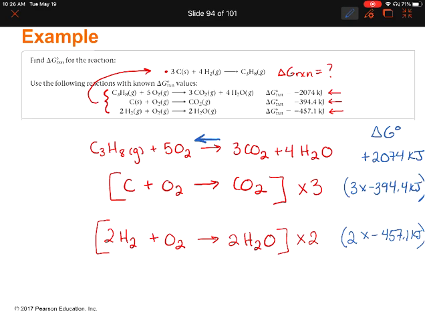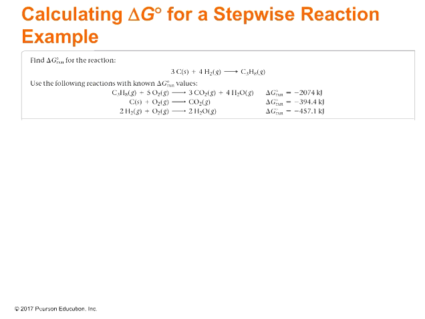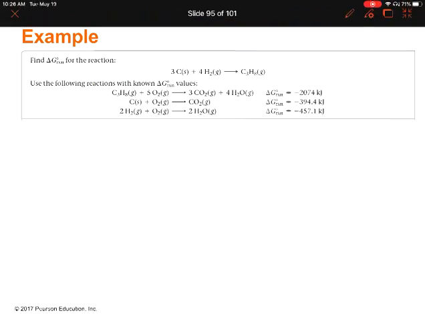Okay, so let's rewrite all of these so that they reflect the manipulations that we've done. All right, so our first reaction, we just flipped it, right?